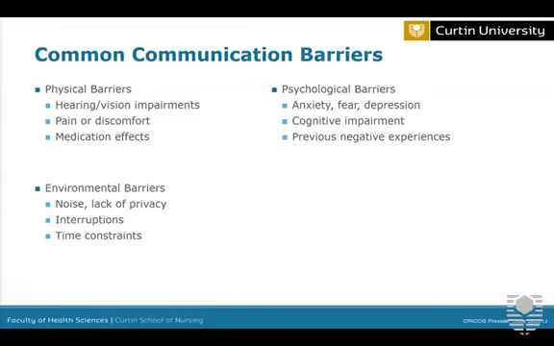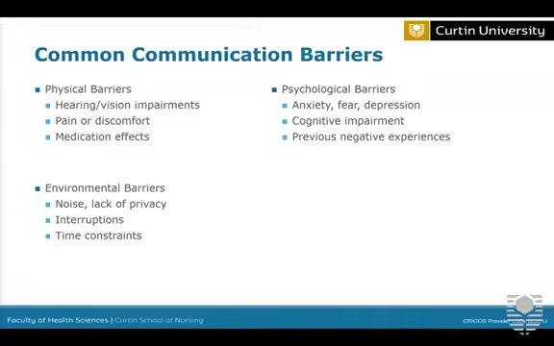Psychological barriers can include anxiety, fear or depression, so mood will influence an outcome. Cognitive impairments certainly, because a poor historian is not going to be able to tell us contemporary information, and so we might engage with the carers or third parties in relation to cognitive impairments.